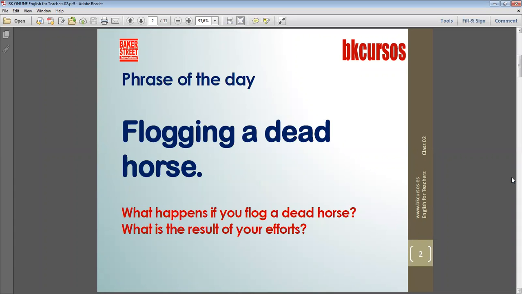Flog comes from the horse race, when the racer starts to flog the horse with a thing, and they start to hurry him up. That's a flog. It's because they wanted to hurry up the horse to win the race. Good.